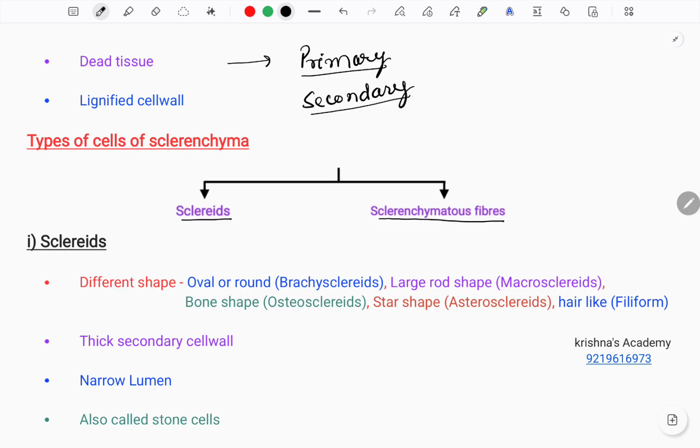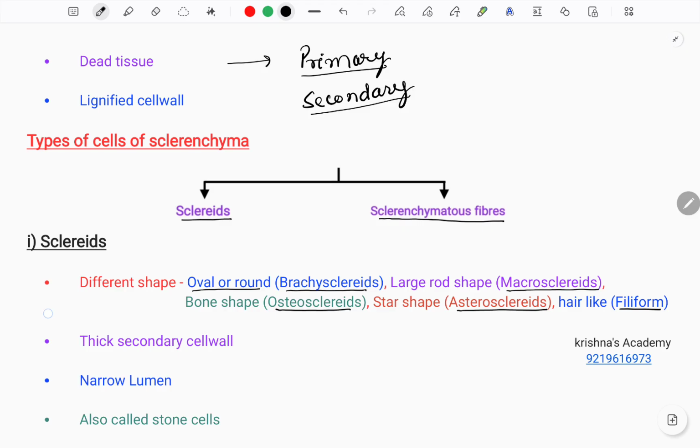Generally, sclerites are oval or round, but they may be of different types, and according to their shape, we use different terms for the sclerites. Oval or round, these are called brachysclerites. Large rod shape, these are called macrosclerites. Bone shape, these are called osteosclerites. Star shape, these are called astrosclerites. And hair-like, these are called filiform.